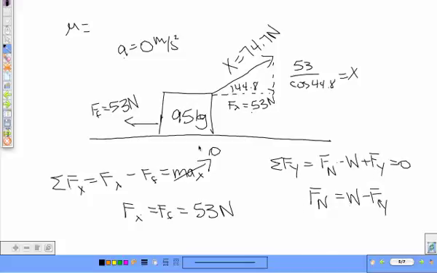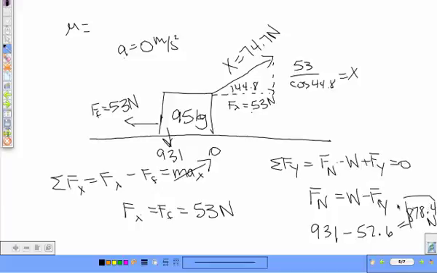So what's our weight? 95 times 9.8? 931. So 931 minus f of y, which is 52.6. So we get then 878.4. That's newtons.